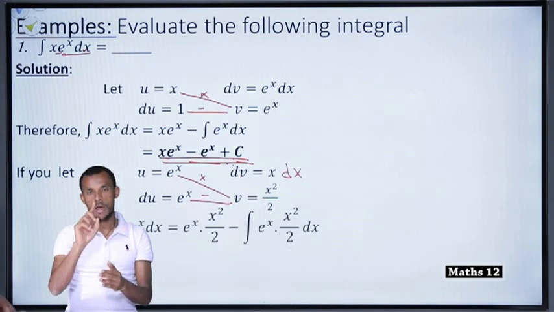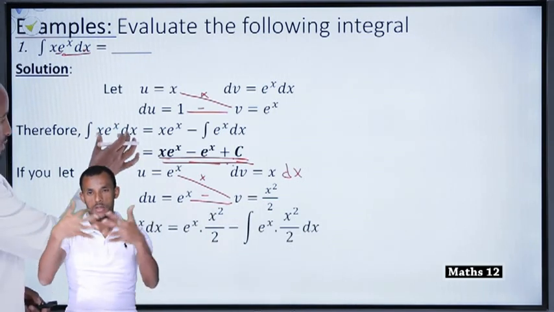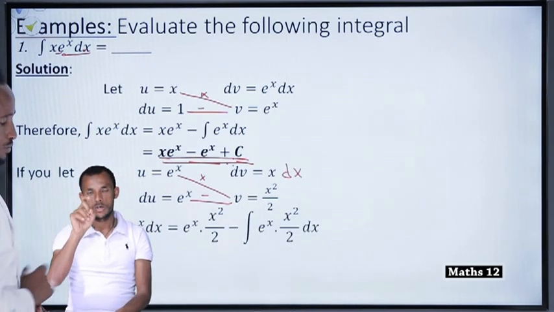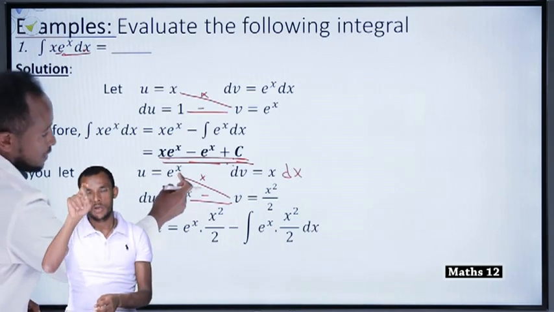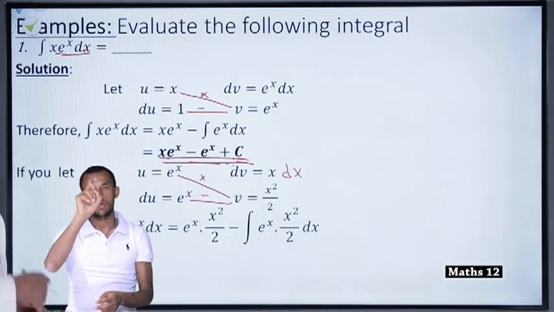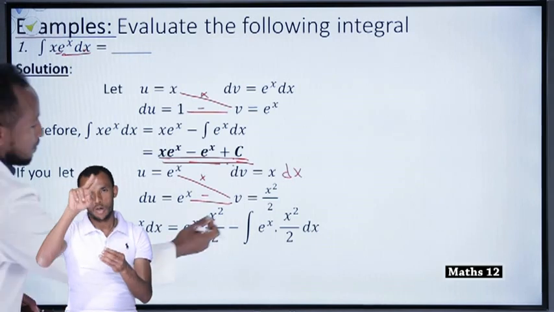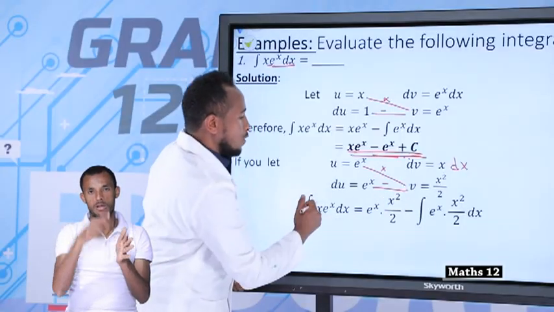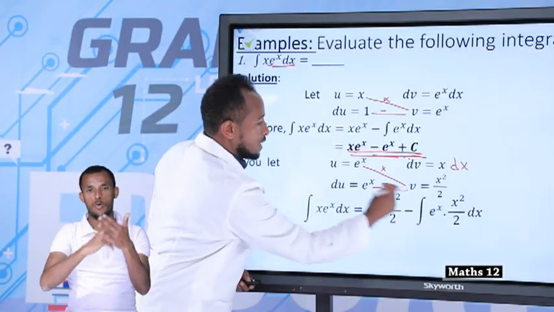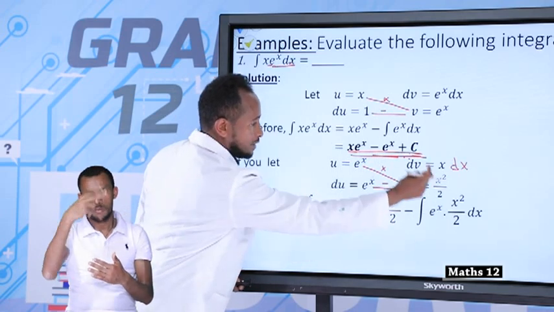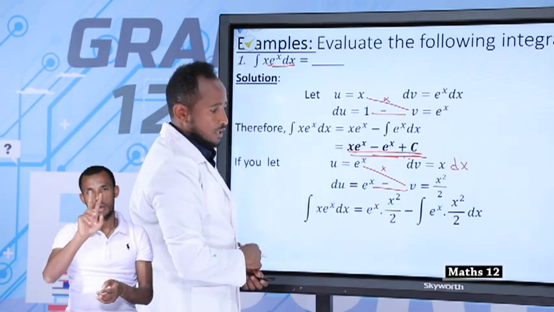Therefore, the integration of x times e raised to x dx will be e raised to x times x squared over 2 minus the integral of the product of the two, that is e raised to x times x squared over 2 dx.